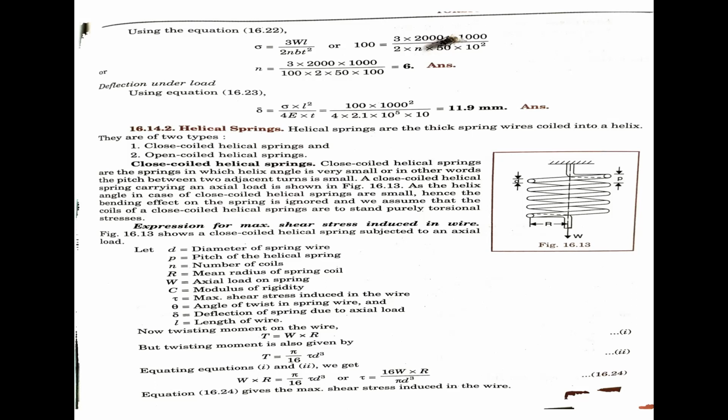Now let small d equal the diameter of spring wire, p equal the pitch of the helical spring, n equal the number of coils, R equal the mean radius of spring coil, W equal the axial load on spring, C equal the modulus of rigidity, and tau equal the maximum shear stress induced in the wire, theta equal the angle of twist in the spring wire. Another one, delta is the deflection of spring due to axial load, L equal the length of the wire.